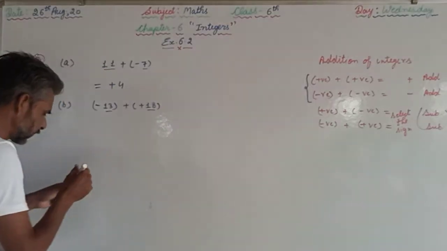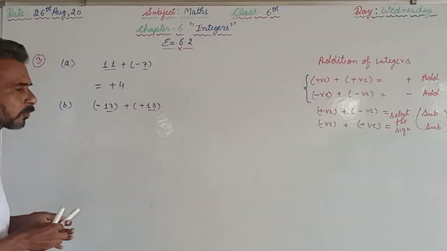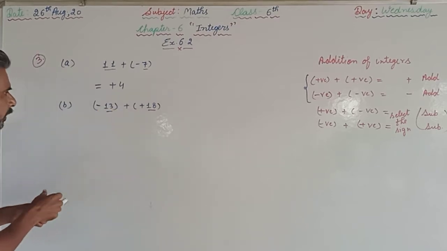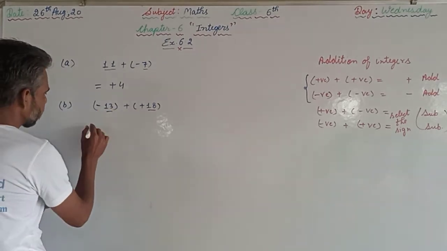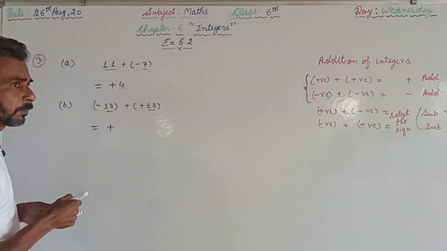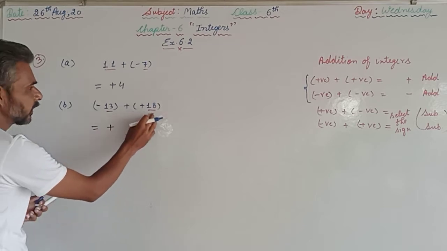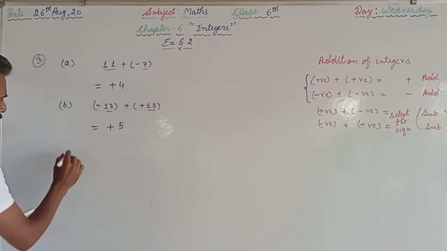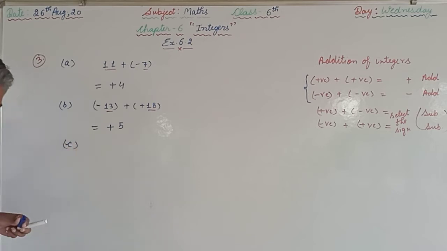Either 13 is more or 18 is more. 18 is more. What is the sign of 18? That is plus. So the answer will be in plus. Afterwards, we are supposed to subtract the smaller number from the larger number. 18 minus 13, that is 5.